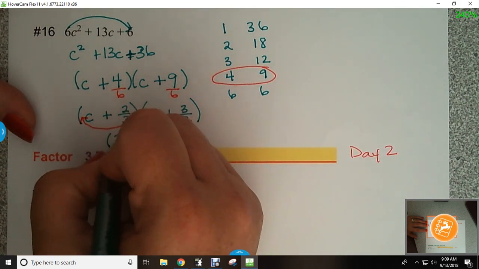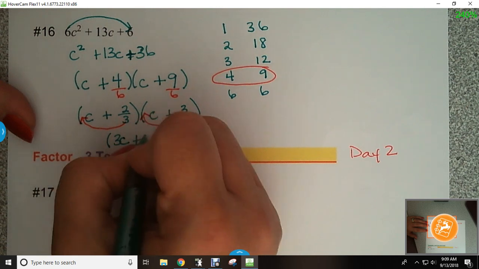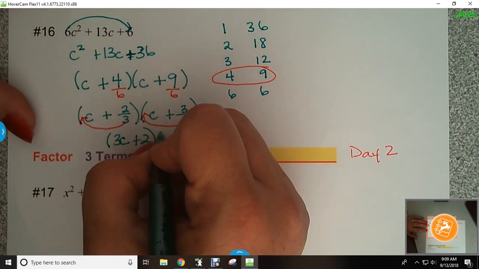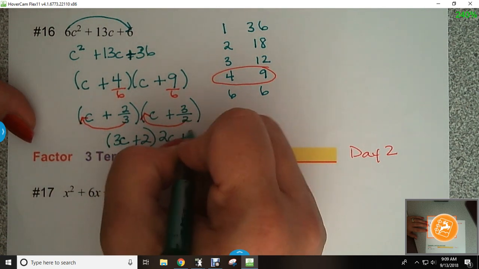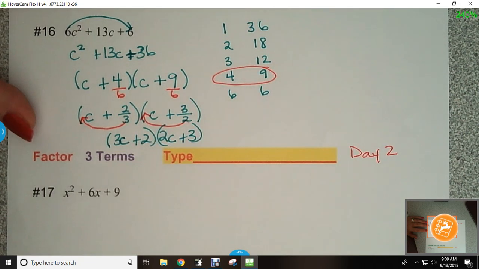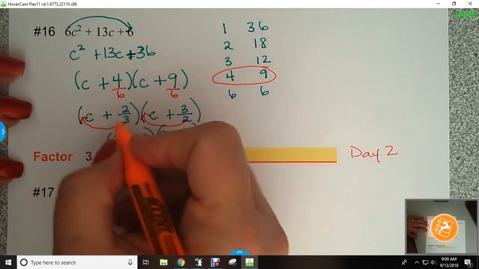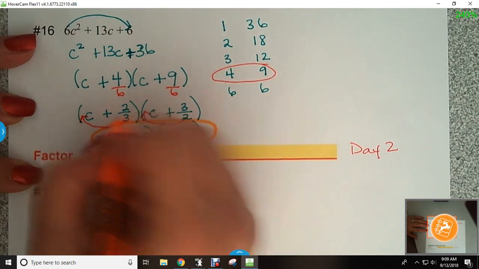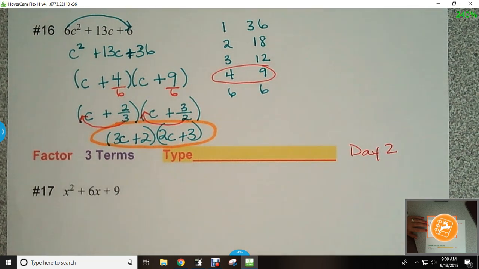So that gives me 3c plus 2 times 2c plus 3. And this is your factored answer. And that takes care of the general trinomial factoring.